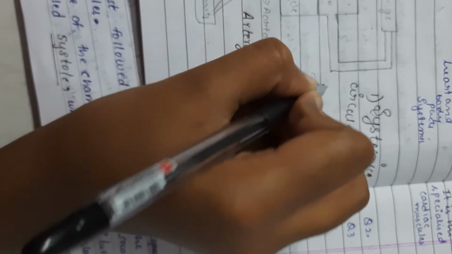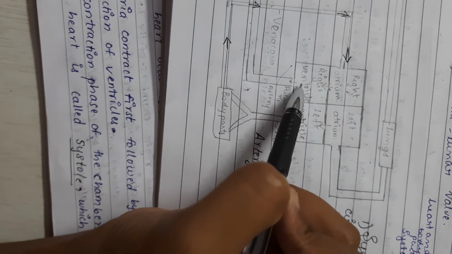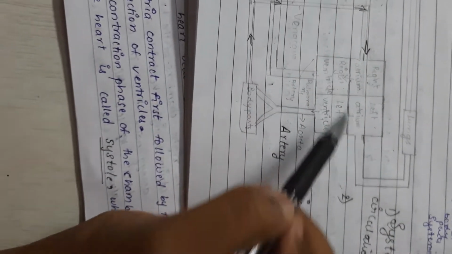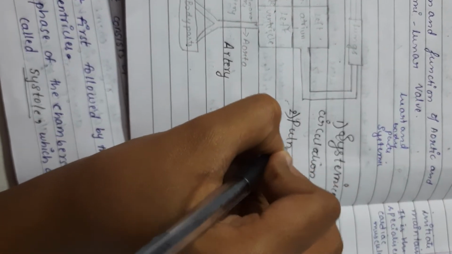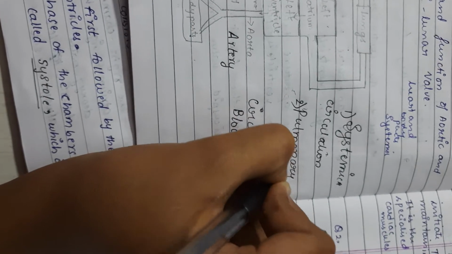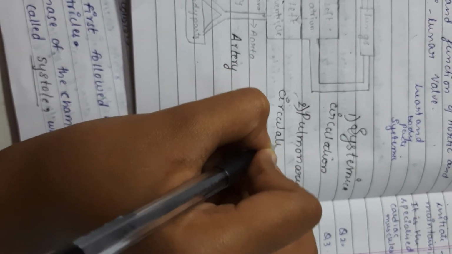And the second circulation, from the right atrium to the right ventricle, then towards the lungs and then to the left atrium, is called pulmonary circulation.